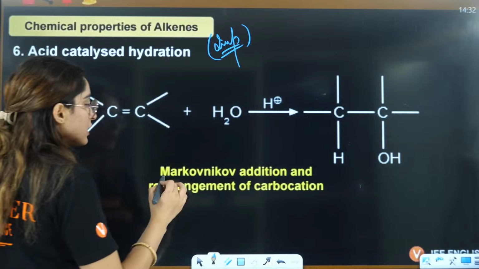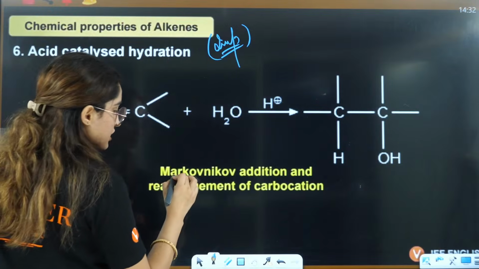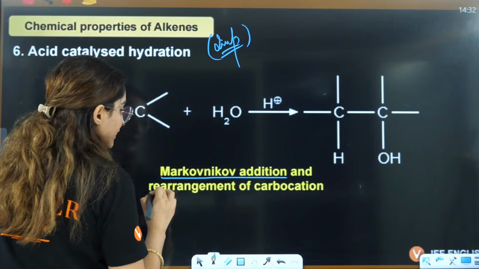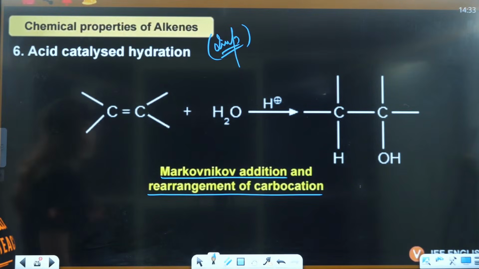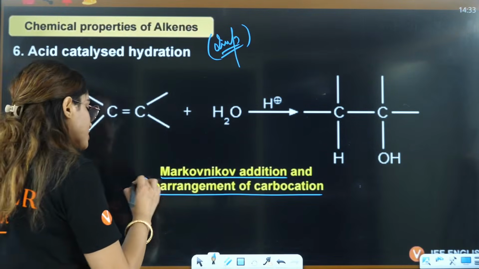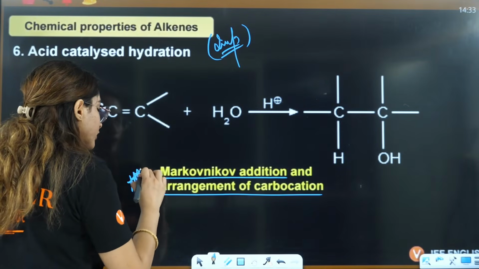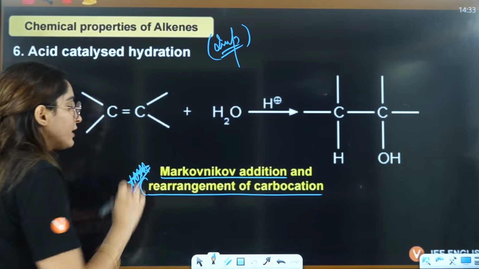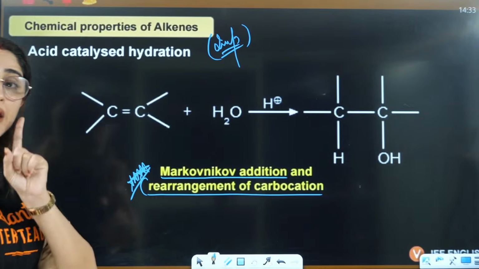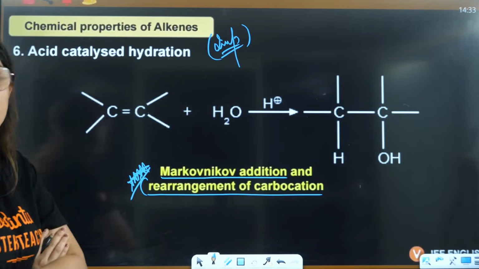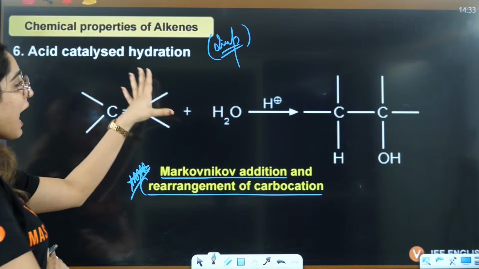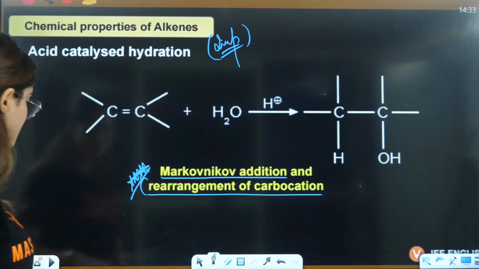But here in acid catalyzed hydration, Markovnikov addition is done and rearrangement of the carbocation will take place. If you can convert it into a more stable carbocation, you will do that. That is your acid catalyzed hydration.